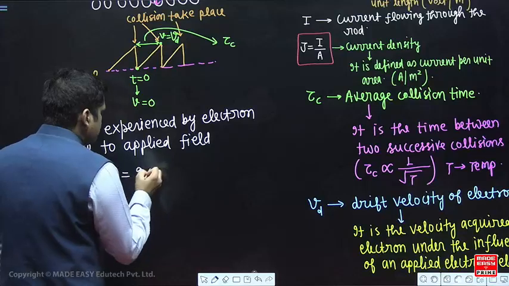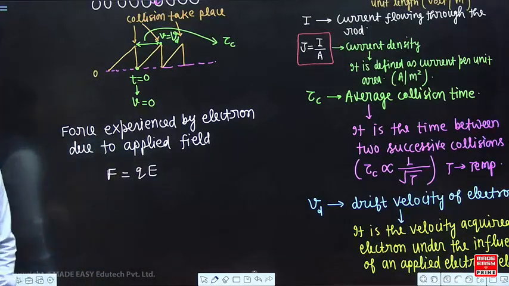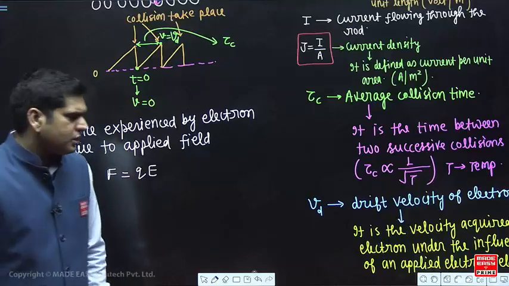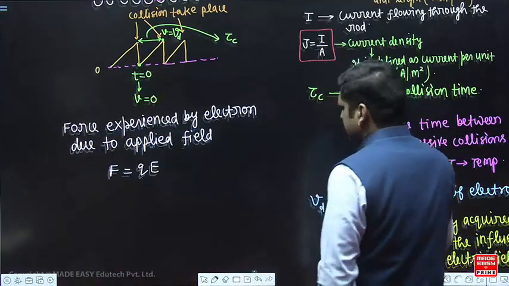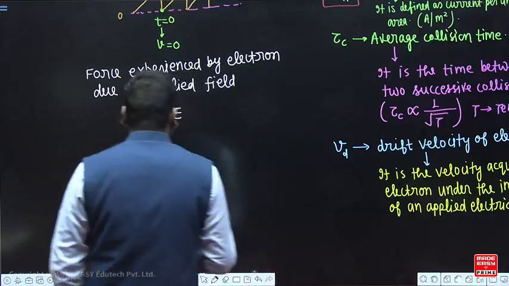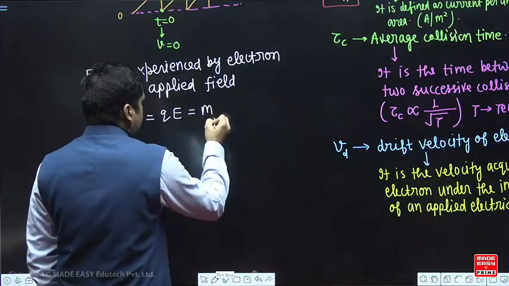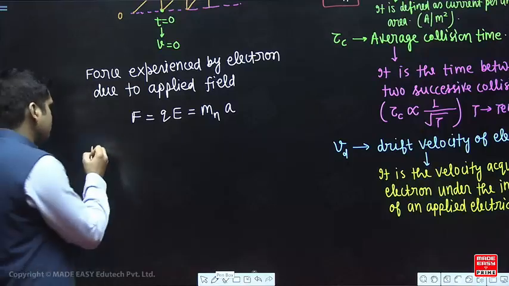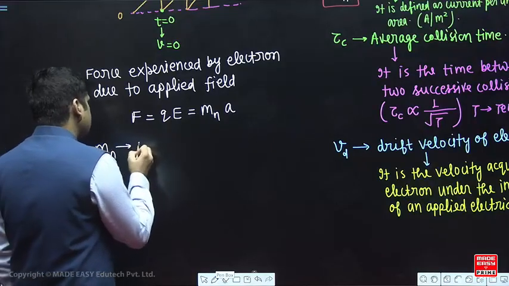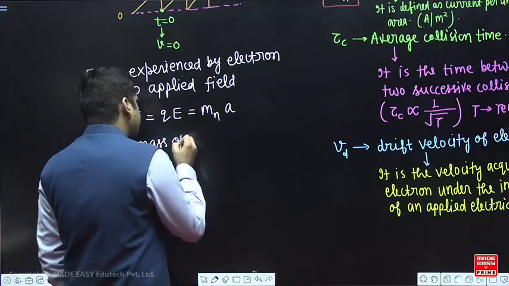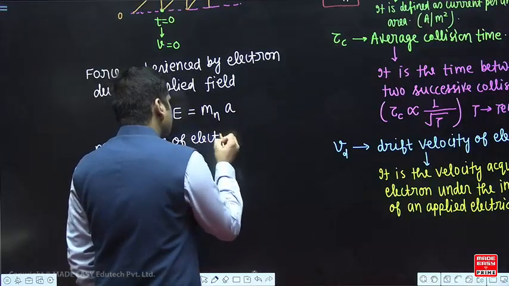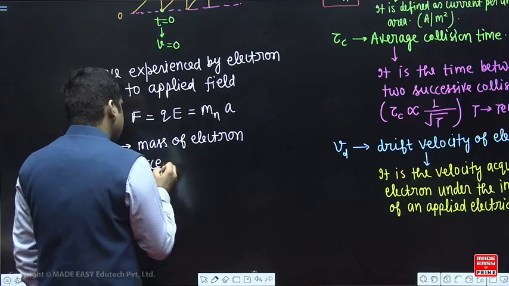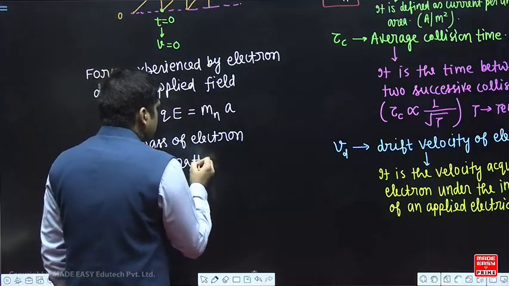So it is Q into E, charge of electron multiplied by electric field. ये basic relation है, आपको याद रखना पड़ेगा, फिजिक्स से लिया हमने. This force must be equal to m_n, mass of electron, into acceleration. m_n is mass of electron, and a is acceleration due to force, या acceleration of electron.